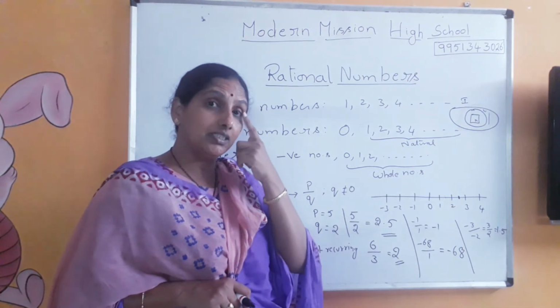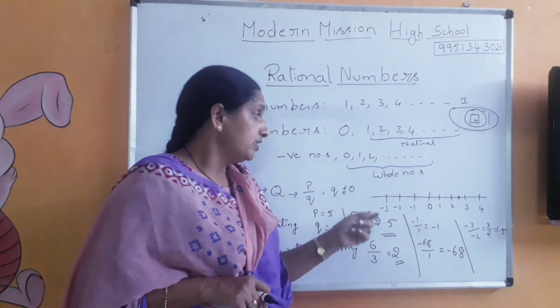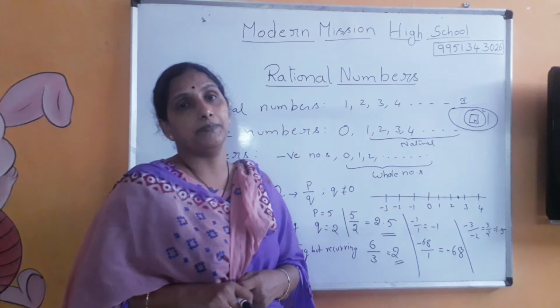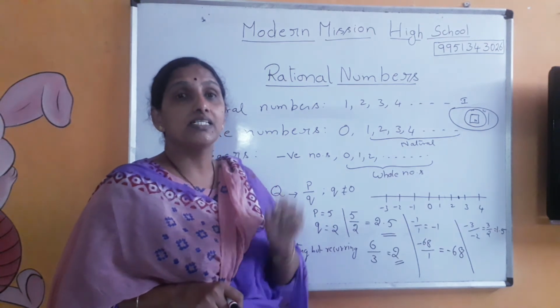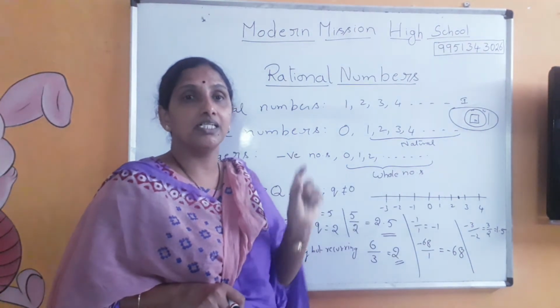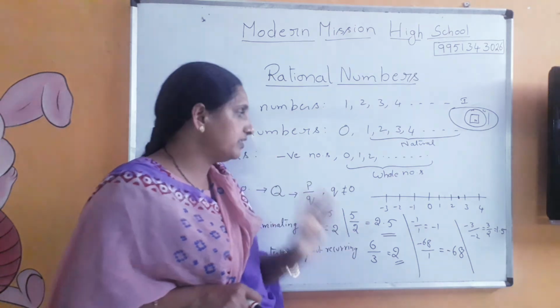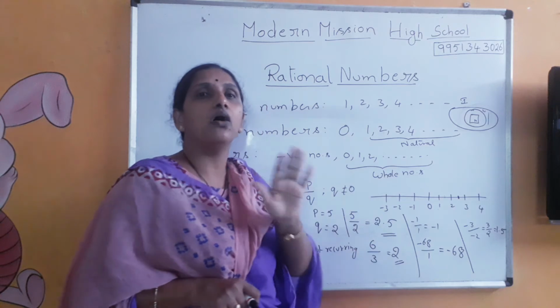Now the point comes here. If the numbers are given in decimal form, how to identify whether the given number is rational or not?